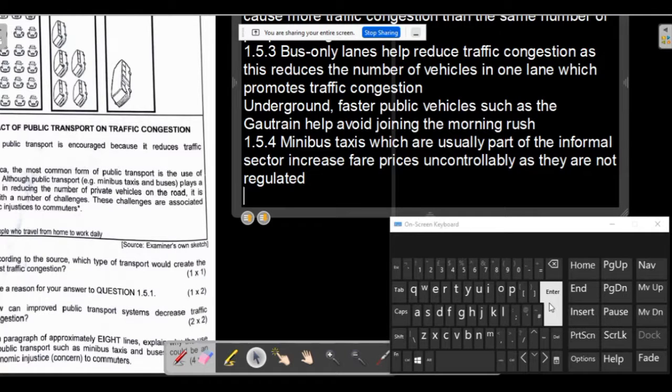We can also say that because you have to always have cash when you are in a minibus taxi, that of course makes you vulnerable to crime. Because when you have cash, you can easily lose that cash.